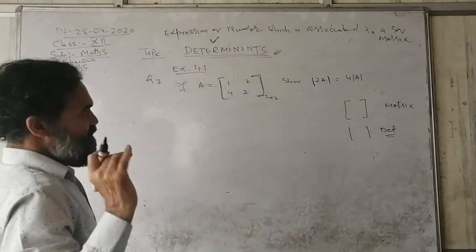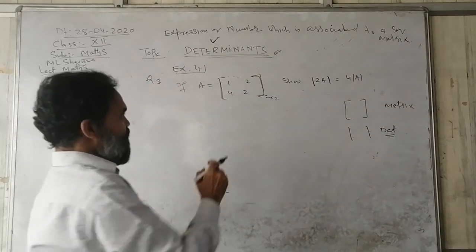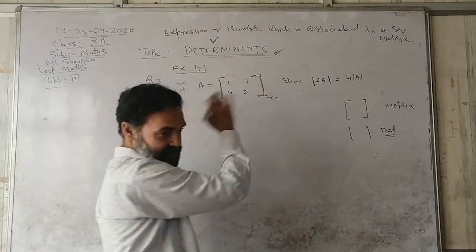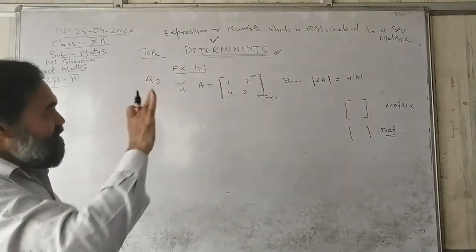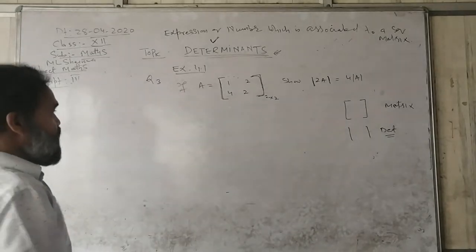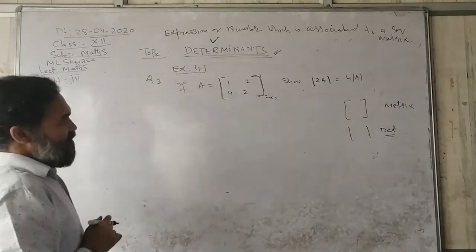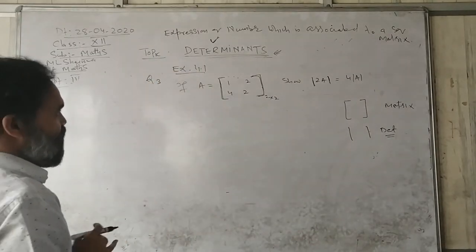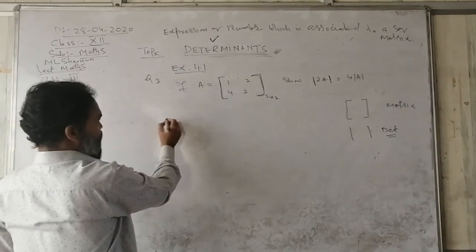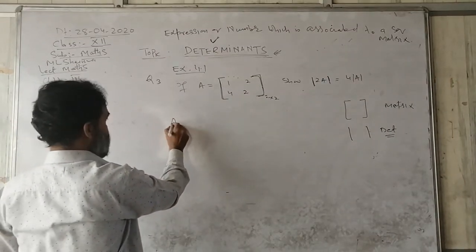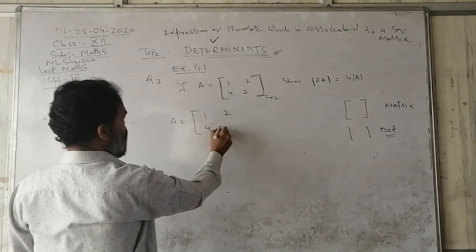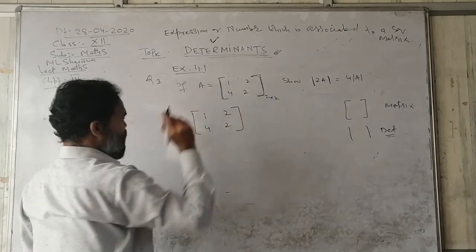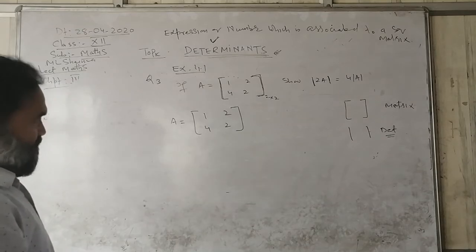As earlier I told you, there is a relation between matrices and determinants. That is why at the start I had taken matrices and determinants at the same time. So how will we solve this question? This is a short question. A is given as the matrix 1, 2, 4, 2. So 4 elements are given.